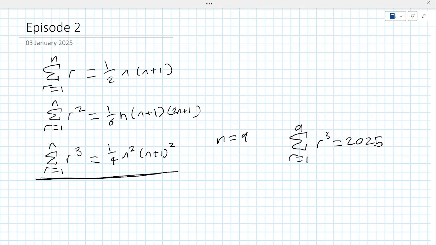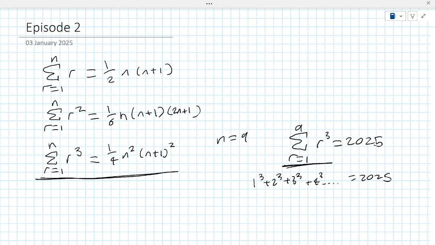And it was a way for us to represent 1 cubed plus 2 cubed plus 3 cubed plus 4 cubed and so on, equals 2025 in an easier and simpler way using sigma notation.